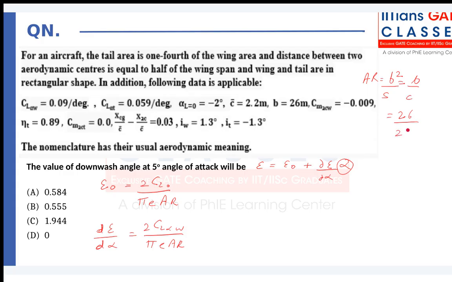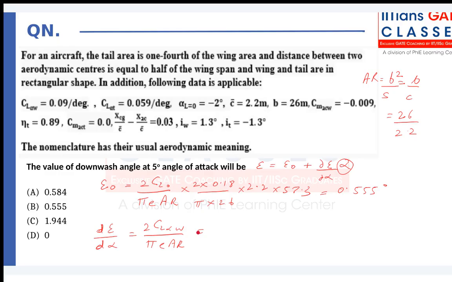Now we can substitute the terms here. 2 into 0.18 by pi, aspect ratio is 26 by 2.2. I'm just writing it directly. And this gives you the answer in radians, right? So you multiply it by 57.3. This comes to 0.555 degrees. Correct me if I'm going wrong.